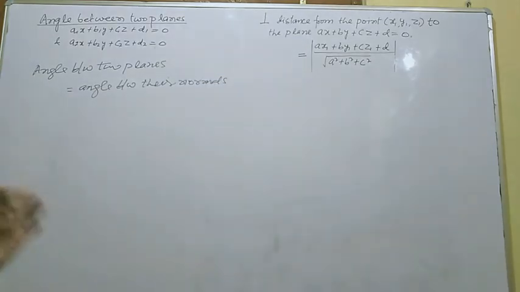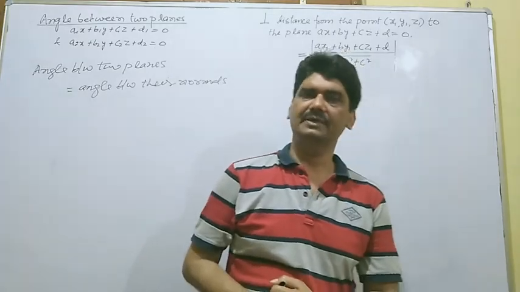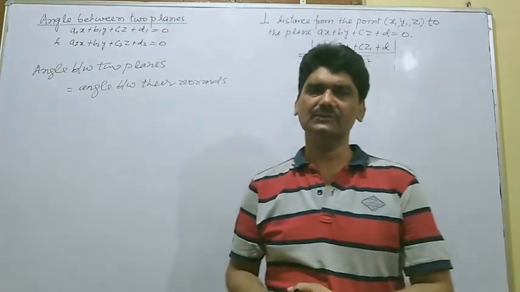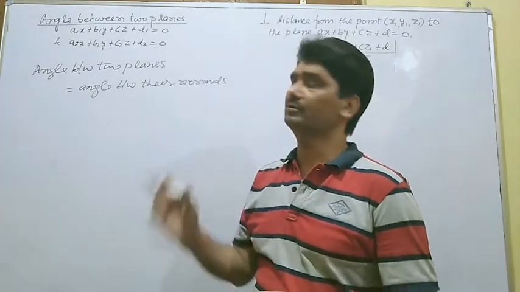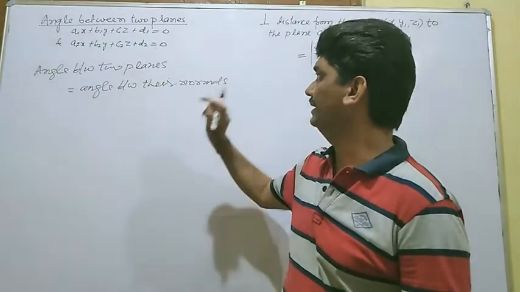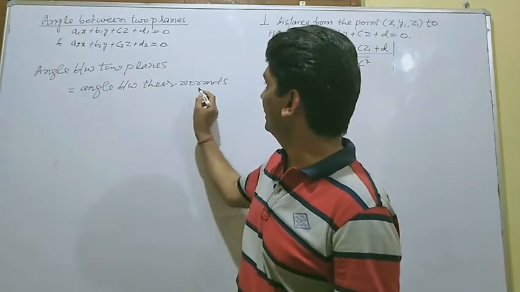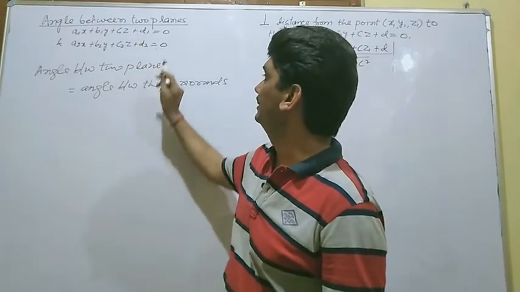Normal means lines, and in case of lines, we have already known the formula to find the angle between two lines. So normals as lines, and from the equation of the given planes, the drs of the normals are also given.